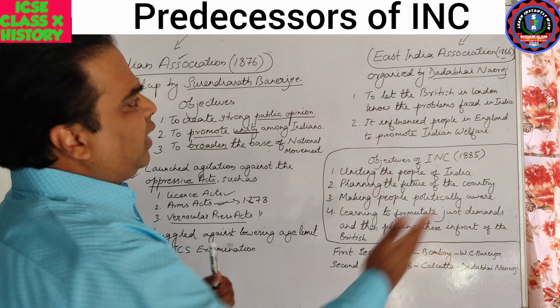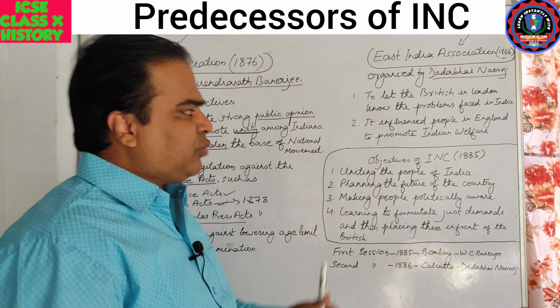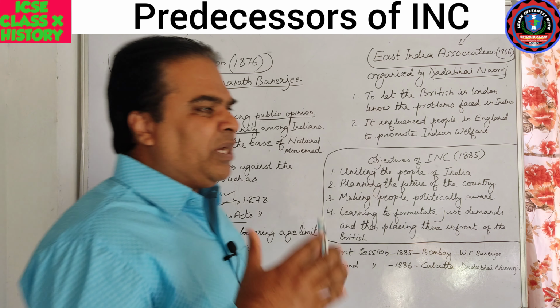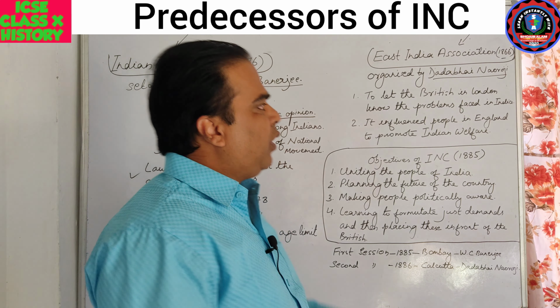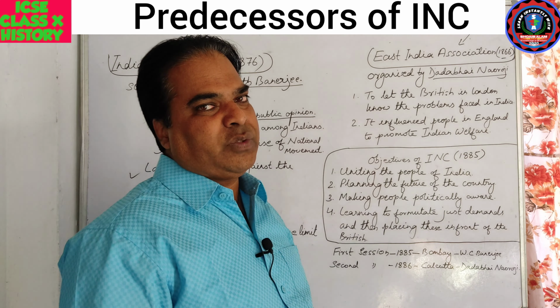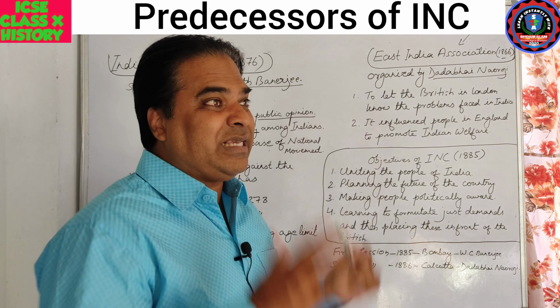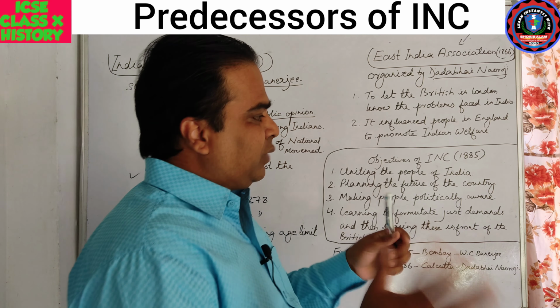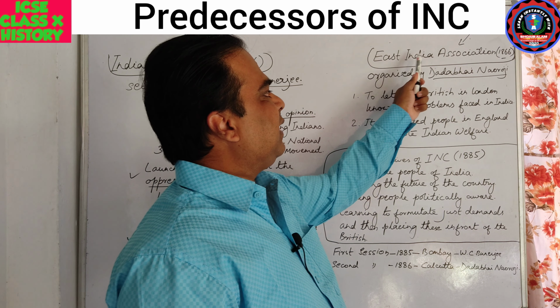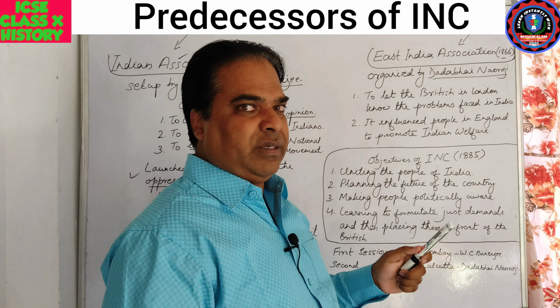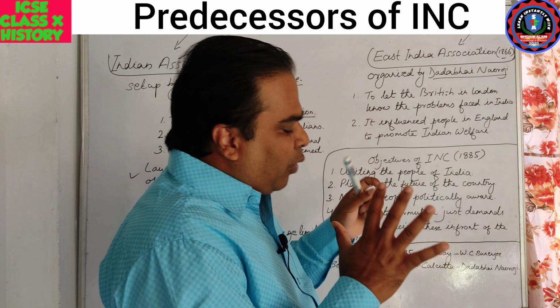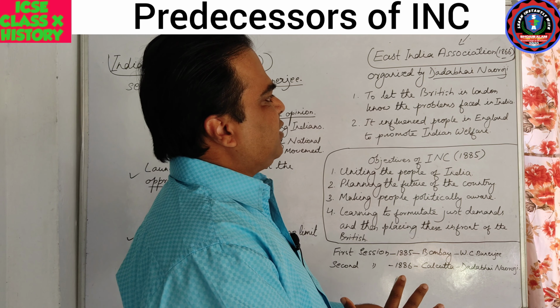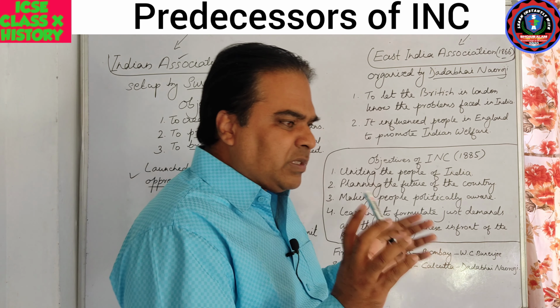Now the another association which is also regarded as a predecessor of the Indian National Congress was the East India Association, which was organized in 1866 in London. At that time Dadabhai Naoroji was in London, so there he organized the East India Association. What was the main motive?